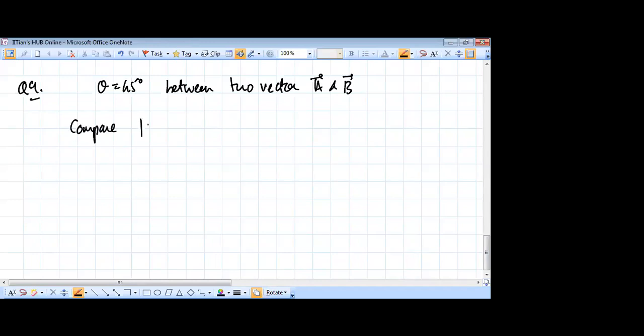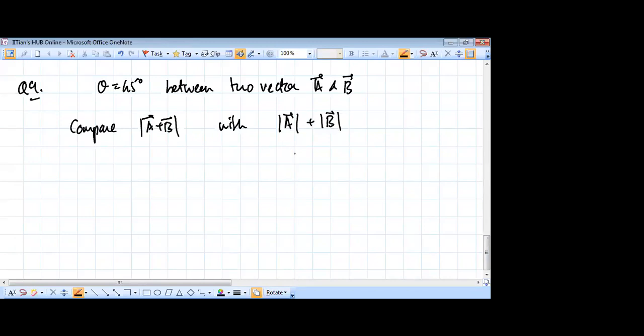So you can see question 9, theta is equal to 45 degrees between two vectors A and B. So now we want to compare the quantity mod A plus B with the quantity mod A plus mod B. Okay.